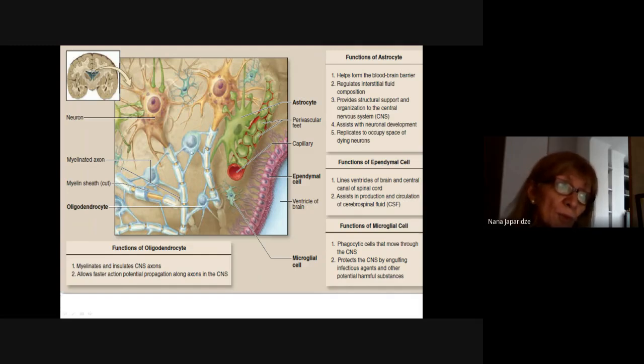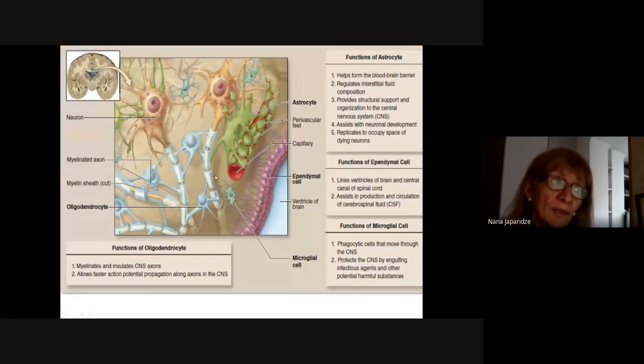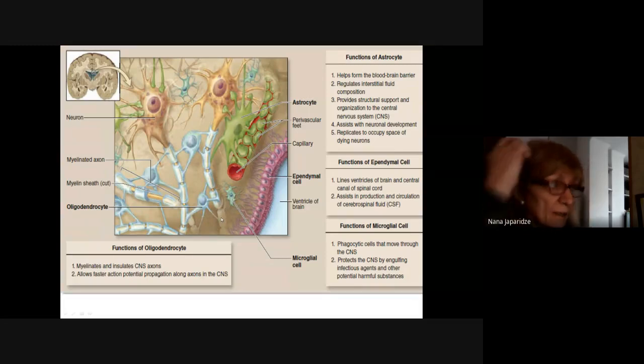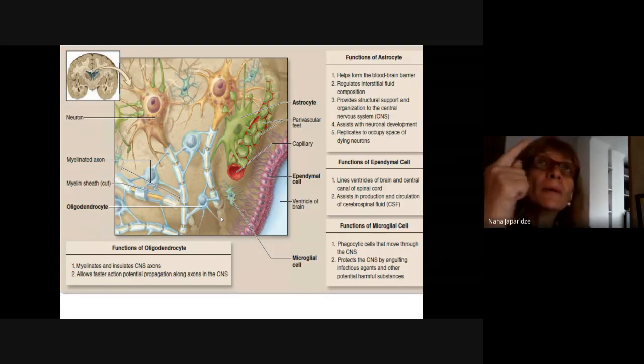They send their processes to the surfaces of the axons and wrap a small part of the axon into the myelin. One glial cell, one oligodendrocyte, is able to myelinate several axons. And they myelinate several parts of axons. Okay? And this number of axons might reach from 30 up to 80 axons.